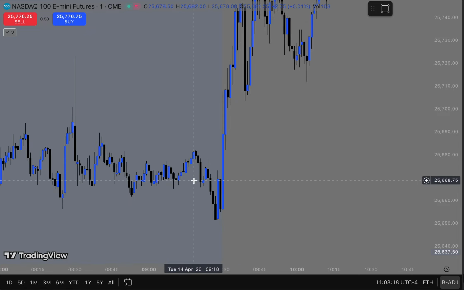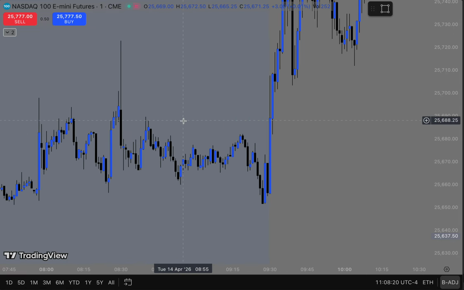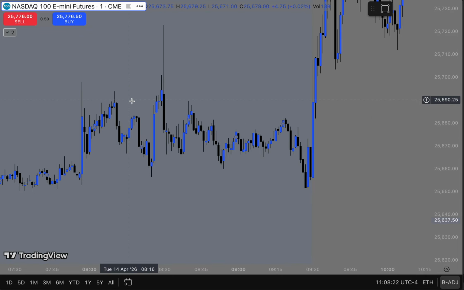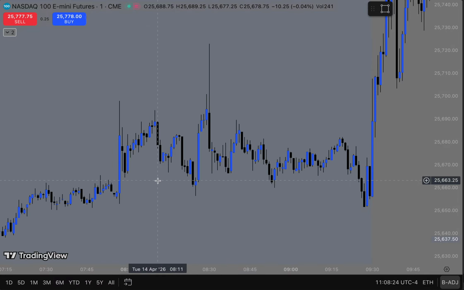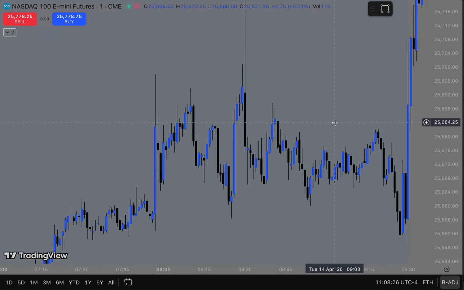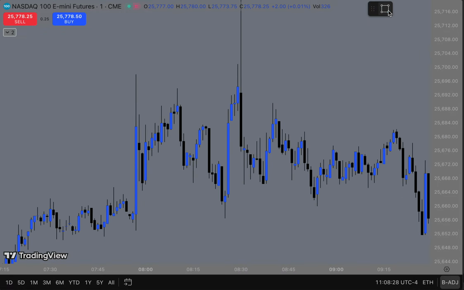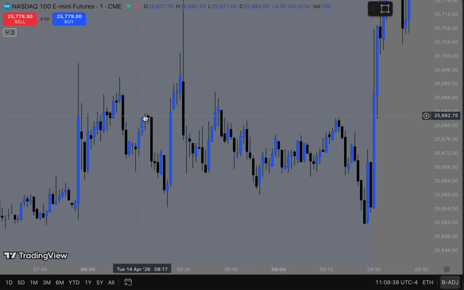But that's a really, really crazy strong example, just because it's a market open candle. But something like this, where we have an IFVG and we pair it with a CISD by pushing below all of this, that is going to be a more probable IFVG than something just like this, right?